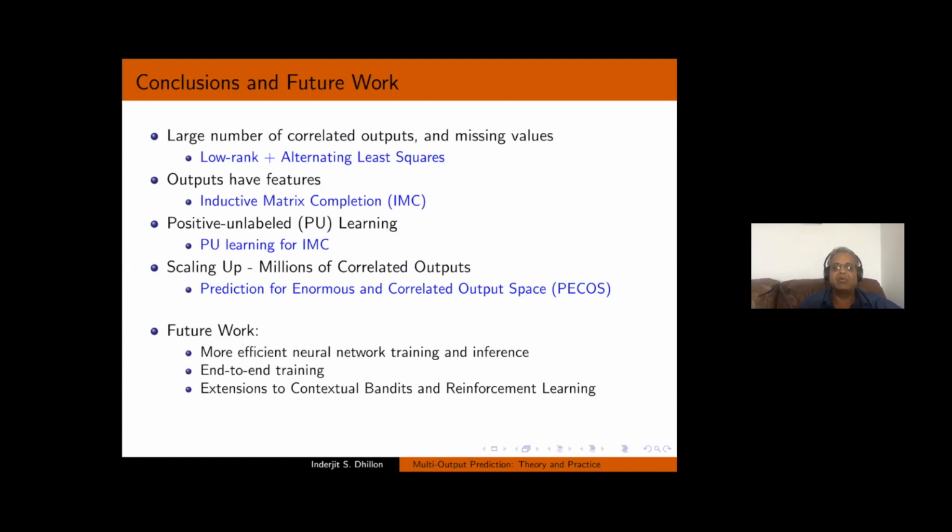So we are trying to use this kind of framework to extend contextual bandit practice and theory to when you have an extremely large number of arms or action spaces.